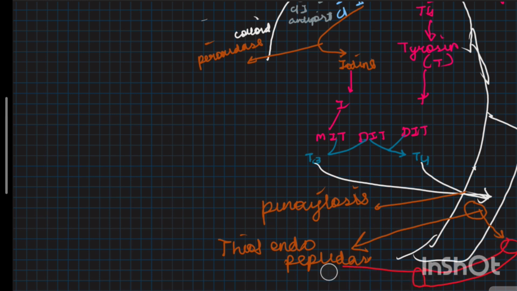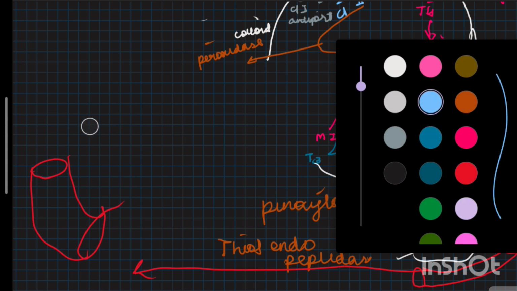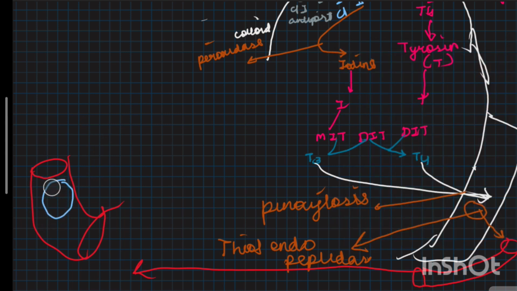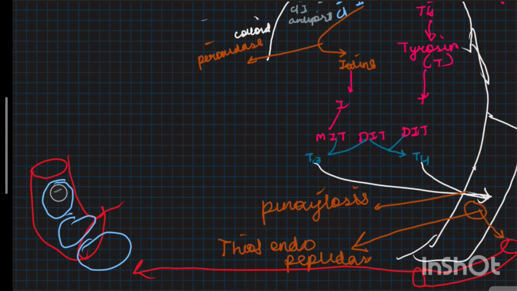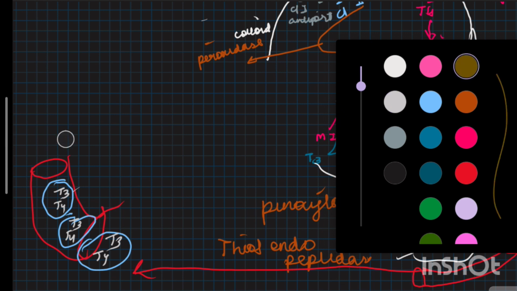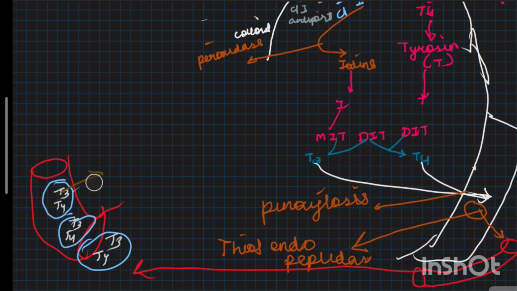But in systemic circulation, they are bound to proteins. Let's say this is one protein, this is second protein, this is third protein. In each there is T3 and T4. These proteins can be globulin, which is maximum.